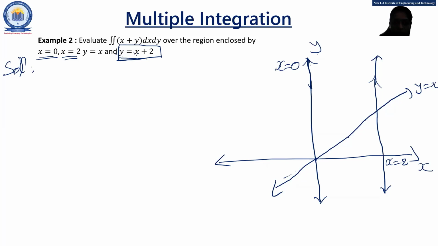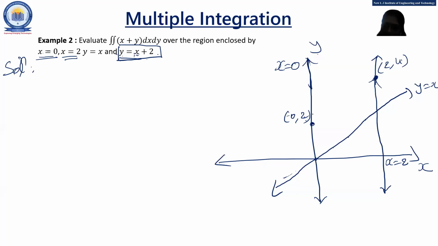So for x equal to 0, y is 2, so my first point is this one, 0, 2. If I take x equal to 2, y is 4.